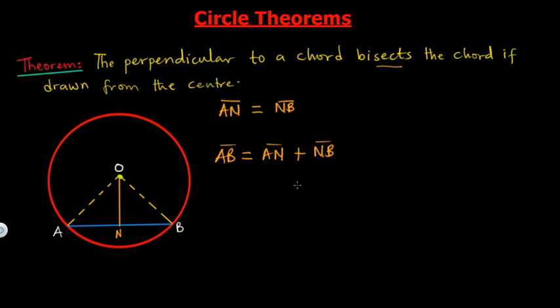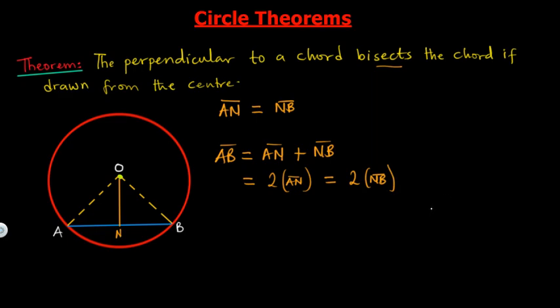Since AN is equal to NB, we can then say AB will be equal to 2AN, which is the same as saying 2NB. Isn't that interesting? Yes, it is. So don't forget that.